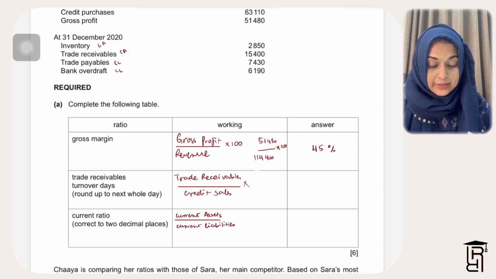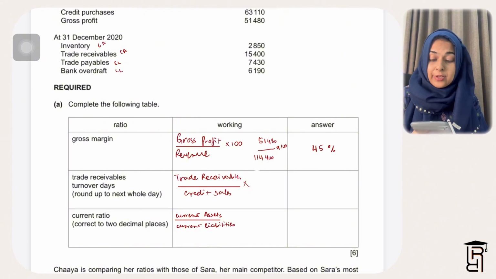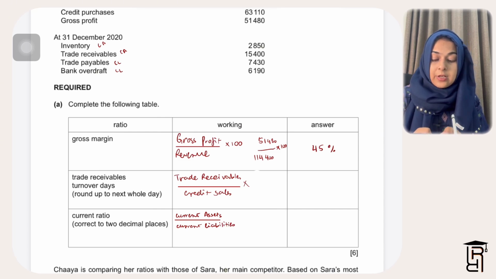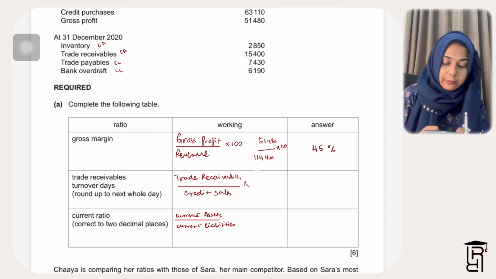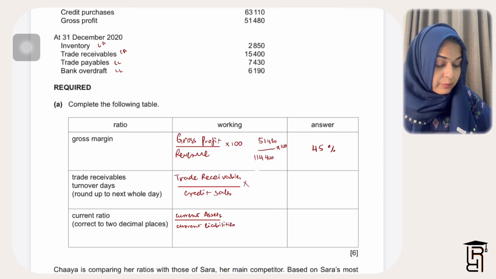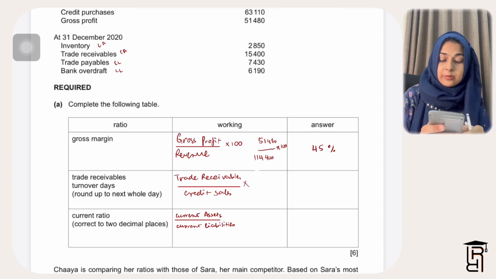I wrote 100 here by mistake; I need to write 365. Trade receivables in this case is 15,400. Credit sales is 114,400, multiplied by 365, because when it comes out in days you need to multiply by 365, as in a year we have 365 days. So 15,400 divided by 114,400 multiplied by 365 gives me 49.13 days, which means this is 50 days. But I need to write days in my answer as well.